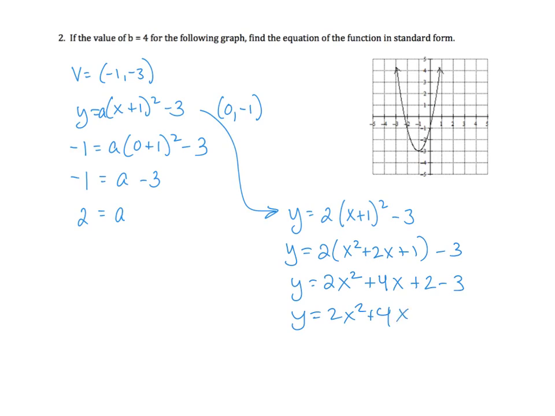And good thing, b is 4. So I really did not need to even know b was 4 to find my equation, but it's kind of nice, and it allowed me to confirm that I found the correct equation.